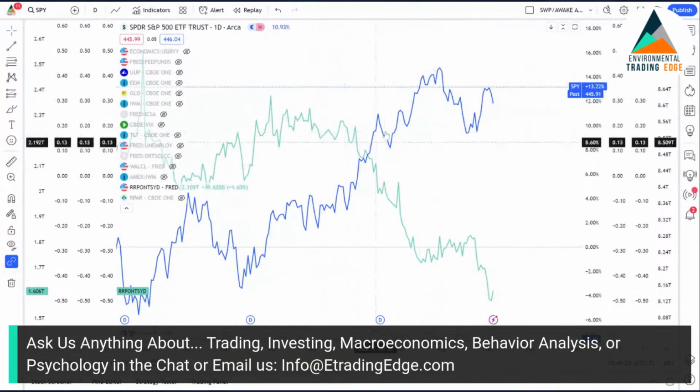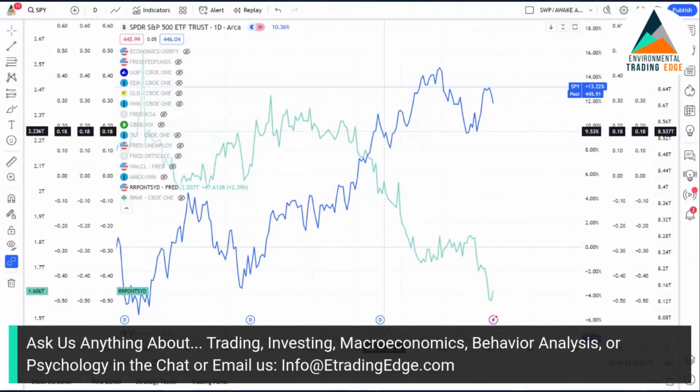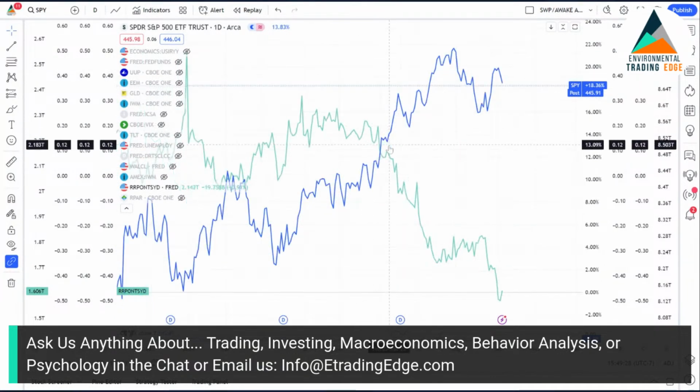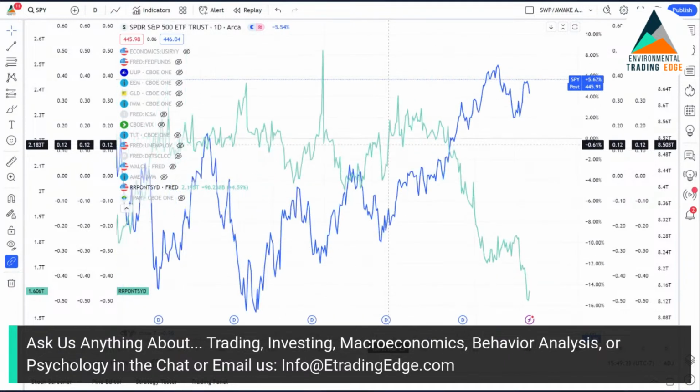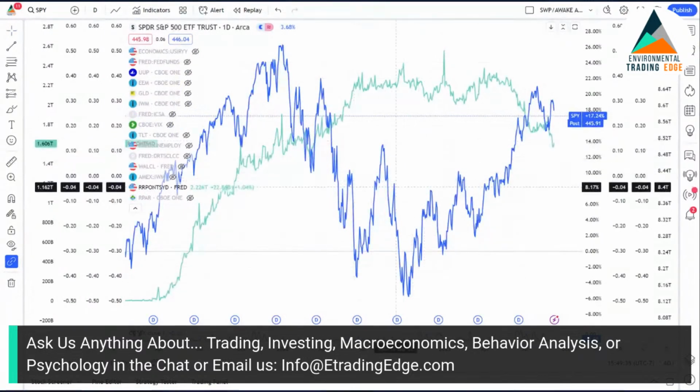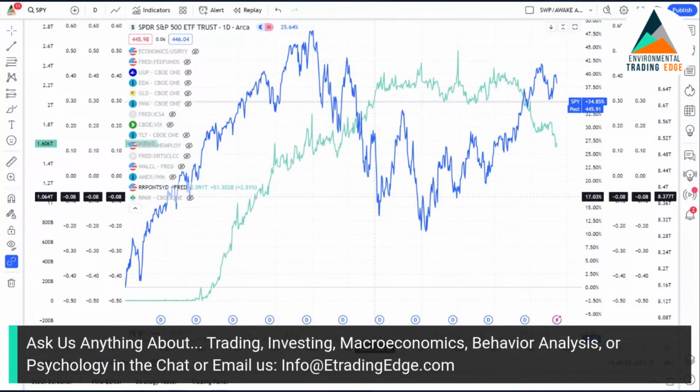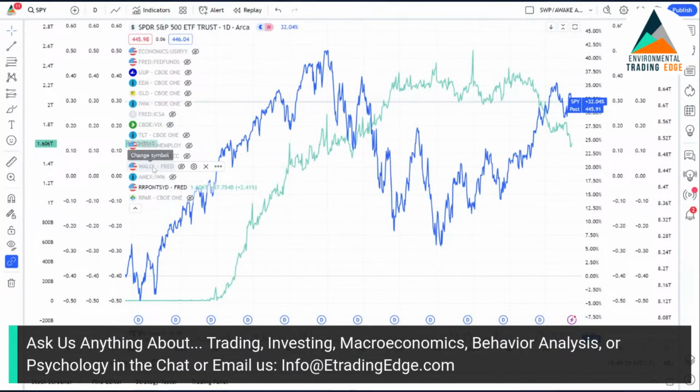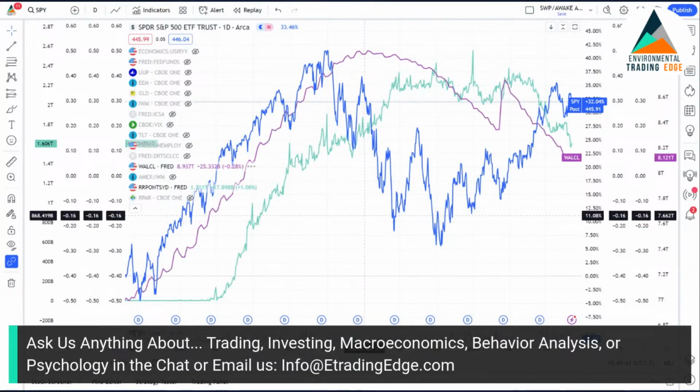But the question that I get about this is, why does the reverse repo market have an effect on stocks? To understand this, you have to understand the Fed balance sheet.